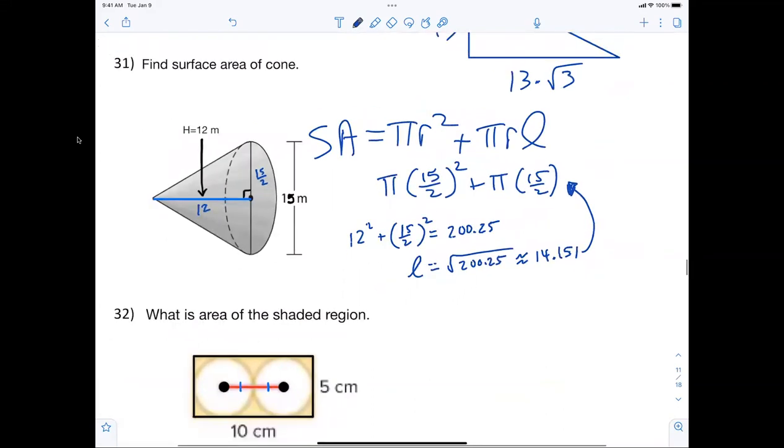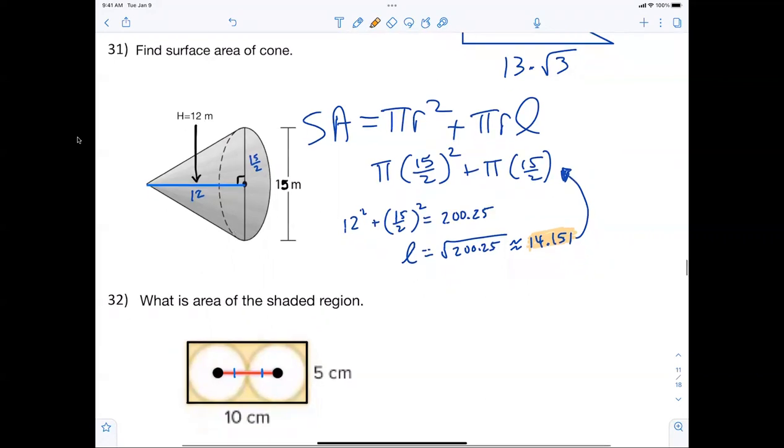Now, is everybody okay with this? Because this is an irrational number down here. I'm okay with using pi in the answer. Does that make sense, Sebastian? Right, 14.151 is an approximation, so might as well just approximate the whole thing. All right. So plug that number in and then let's do the surface area.